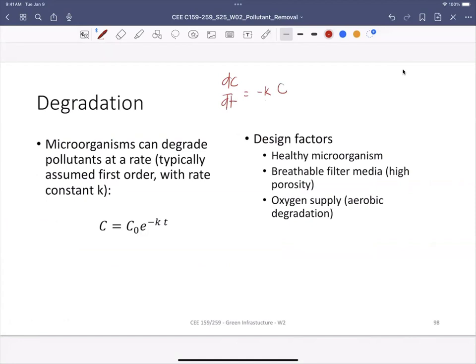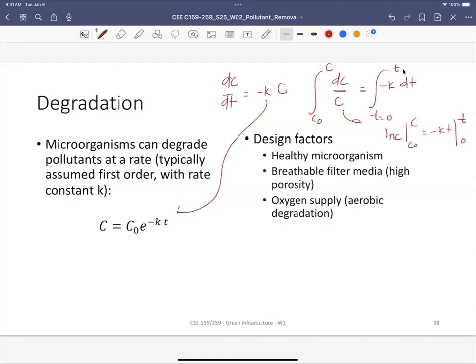When you solve for that, you integrate it: dC/C equals minus k dt, and you integrate C from the initial C0 to C, with time from 0 to t. When you do this, you will get ln(C0/C) equals kt, from 0 to t.